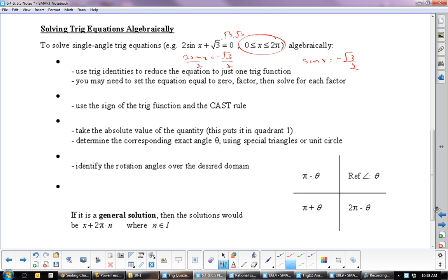Does anyone know when sine equals -√3 over 2? So, right here and right here. So when x equals 4 pi over 3 and 5 pi over 3.